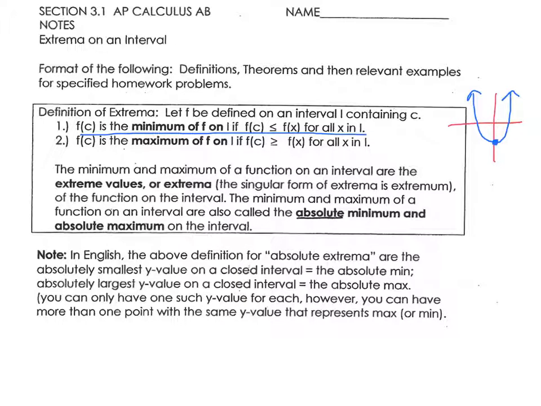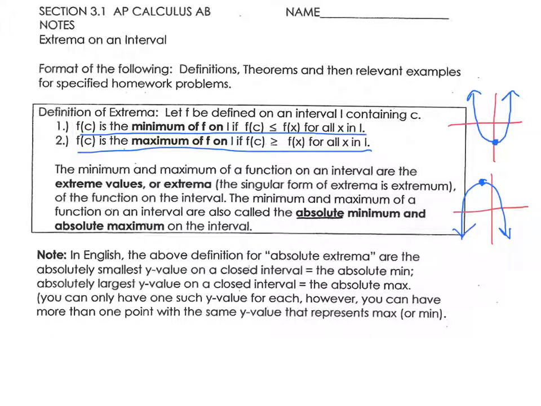We've also seen parabolas before that are facing down. Well, maybe this guy right here. And his vertex would be a maximum value because that y value is greater than any y value of the function. So we're going to use a couple new terms today.